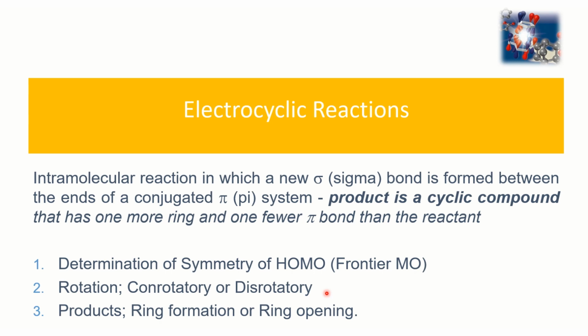So we're going to determine the symmetry, then look at the rotations of these species, and then elucidate from those mechanisms the products, whether it's a ring forming or ring opening reaction.